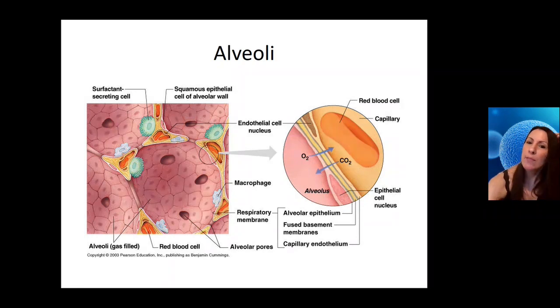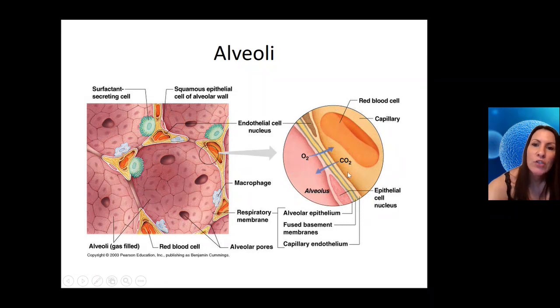So oxygen will naturally move to where there's a lower concentration, which is in the capillaries surrounding the alveoli. The capillaries surrounding the alveoli have a high concentration of carbon dioxide. Why? Because they're carrying the waste product from cellular respiration. Carbon dioxide builds up as a result of cellular respiration inside the cells, and it has to be removed.